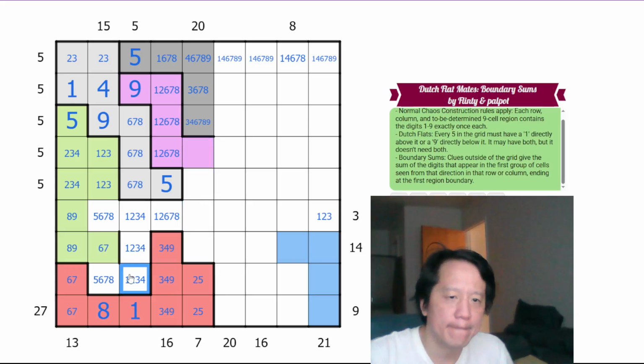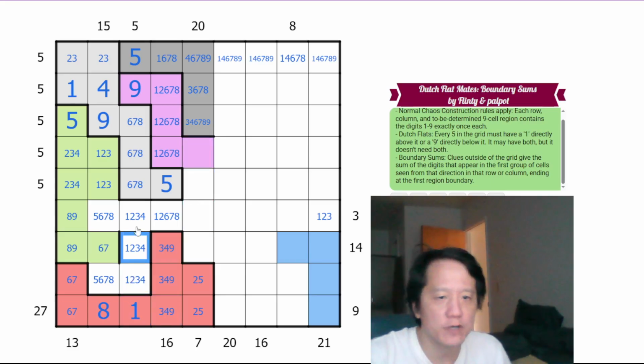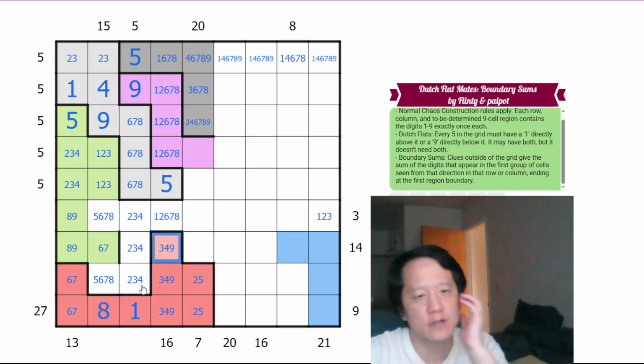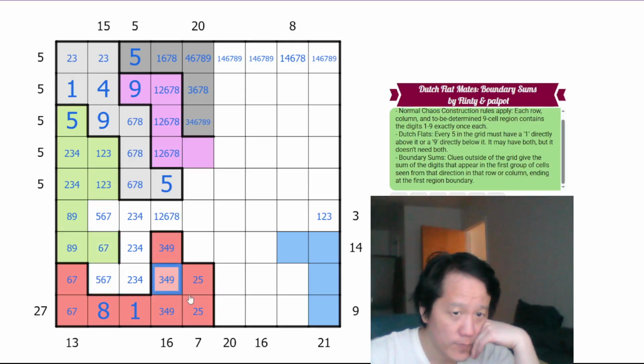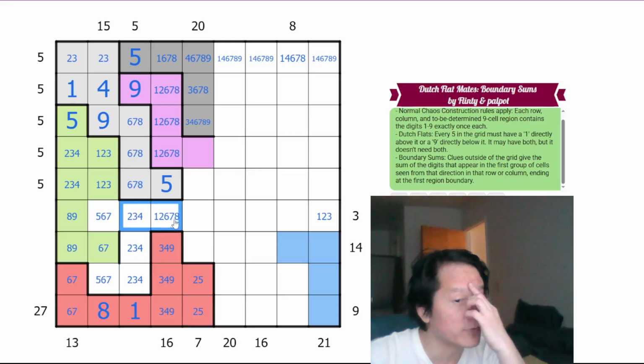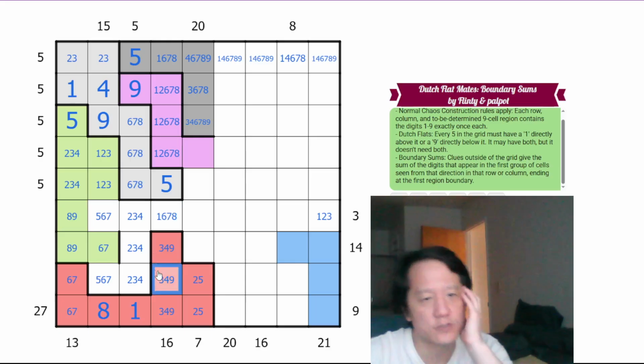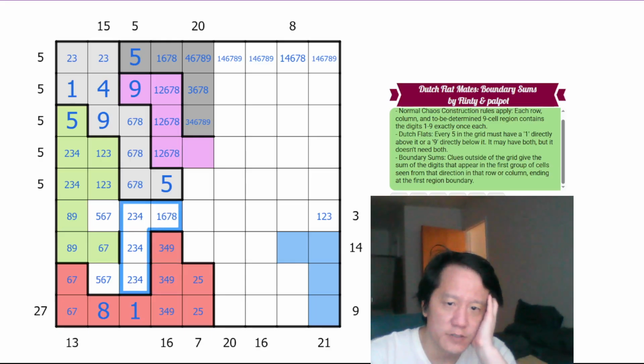1 eliminates 1 in the rest of the column. 8 eliminates 8 in the rest of the column. So we have to have 2, 3, 4 be part of this region here. So this is not 2. I guess we'll make this yellow. Yellow has to go out.